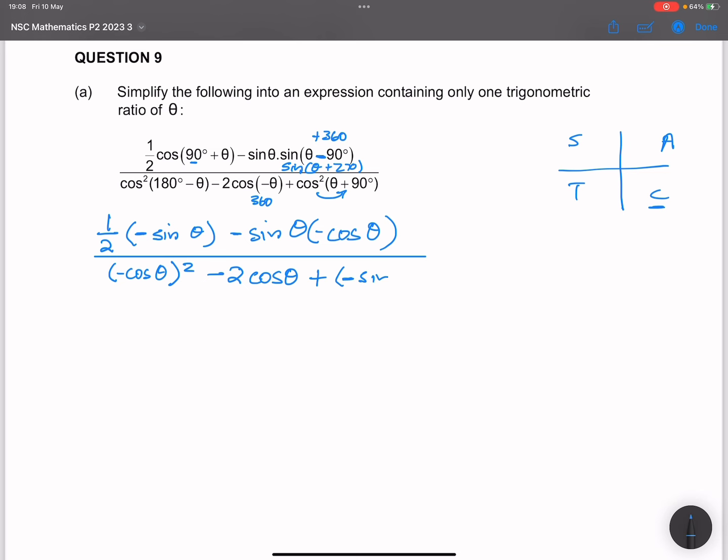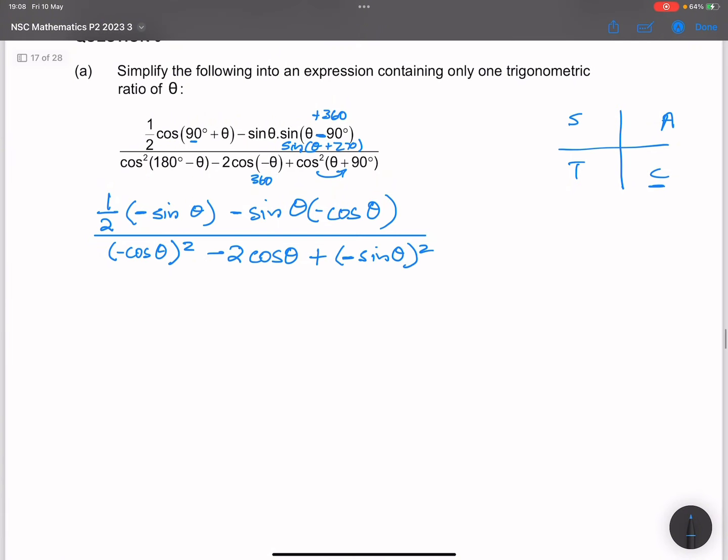So that's negative sine of theta all squared. All right, so let's try and simplify that. So we've got minus half the sine of theta, 1 over 2, the sine of theta. That's plus sine theta cos theta. And the reason why it's plus is because we've got a negative times a negative there.